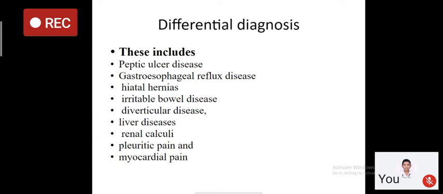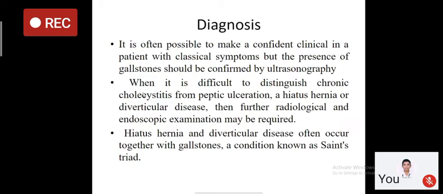So you can see there are so many differentials of pain in the right hypochondrium. If a patient is having pain in the right hypochondrium, it does not mean that he or she will always have gallstone. You have to rule out all these conditions by doing physical examination and investigation.